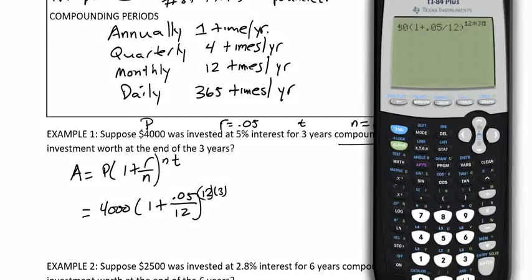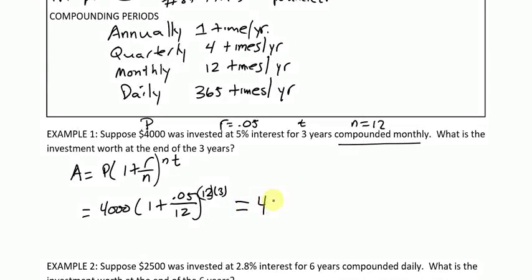That gives us a total of $4,645.88. That's what they would be worth 3 years later.